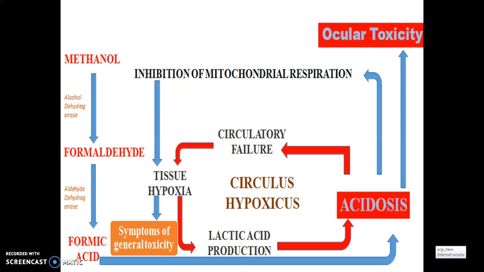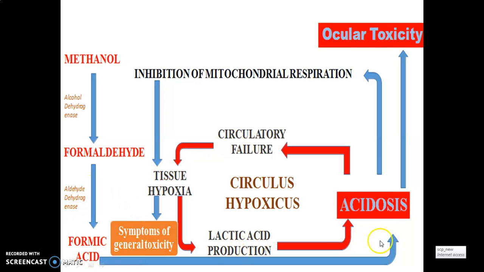This is a general picture of methanol poisoning. What is the significance of the poisoning and its impact? When methanol is administered, it is acted upon by alcohol dehydrogenase to produce formaldehyde, and this formaldehyde is further acted upon by aldehyde dehydrogenase to produce formic acid.